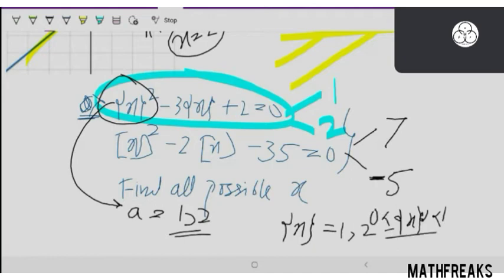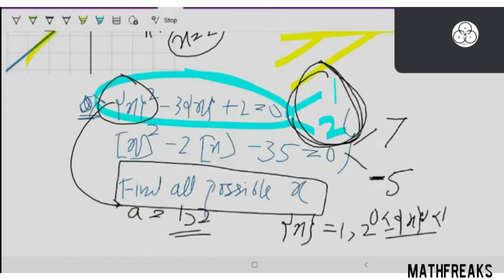So are these two values of curly x possible? Not possible, right? So x has no real solution.